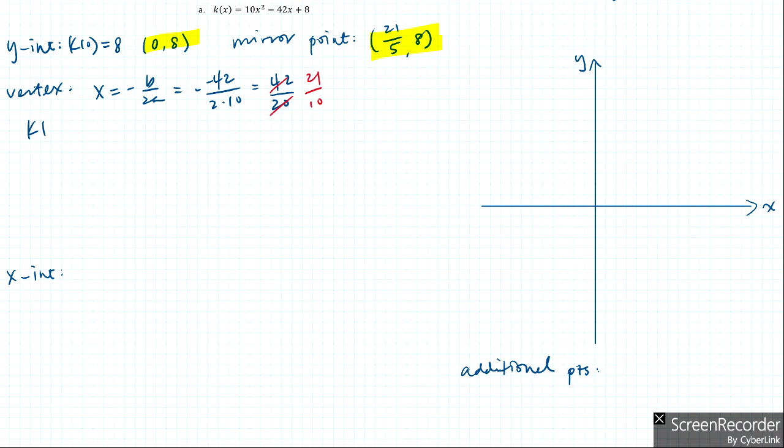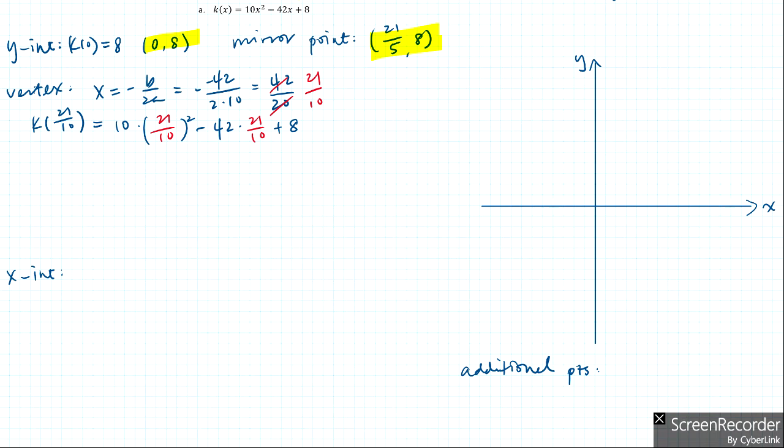So k of 21 over 10, because we want to find the y-coordinate corresponding to this x-coordinate for the vertex. Therefore, we get 10 times (21 over 10) squared minus 42 times 21 over 10 plus 8 over here.